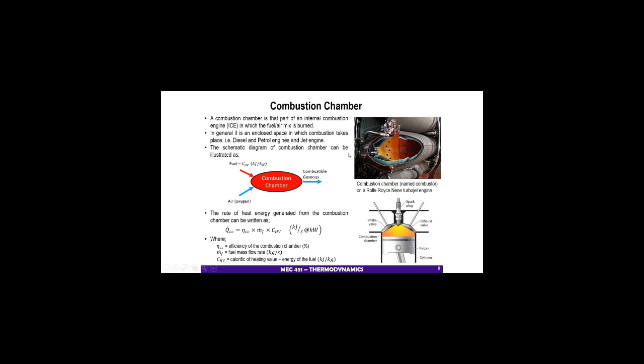So this is an example of a combustion chamber for a Rolls-Royce turbojet engine, and this is a normal engine for motorcycle or car. We have the combustion chamber here.